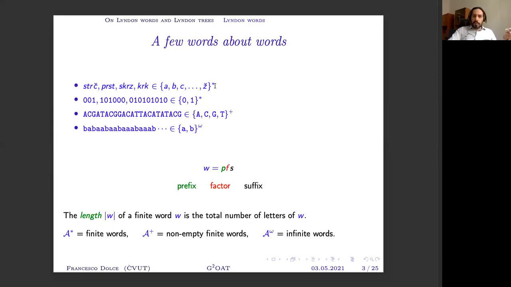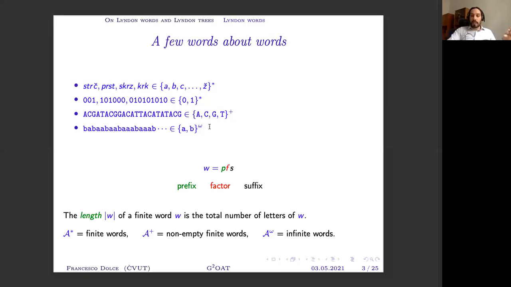You probably noticed that here I use different symbols, sometimes a star from the alphabet, sometimes a plus, sometimes an omega. This is also another convention: the star is used whenever we consider finite words, including the empty word. The plus whenever we consider finite words, but excluding the empty word.